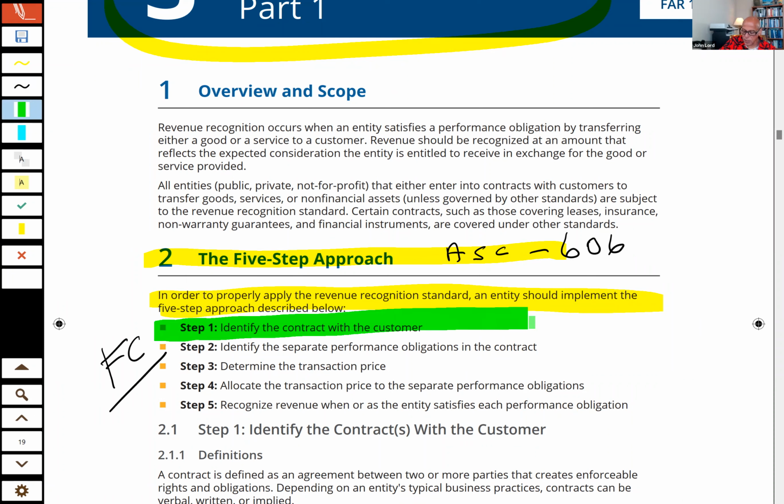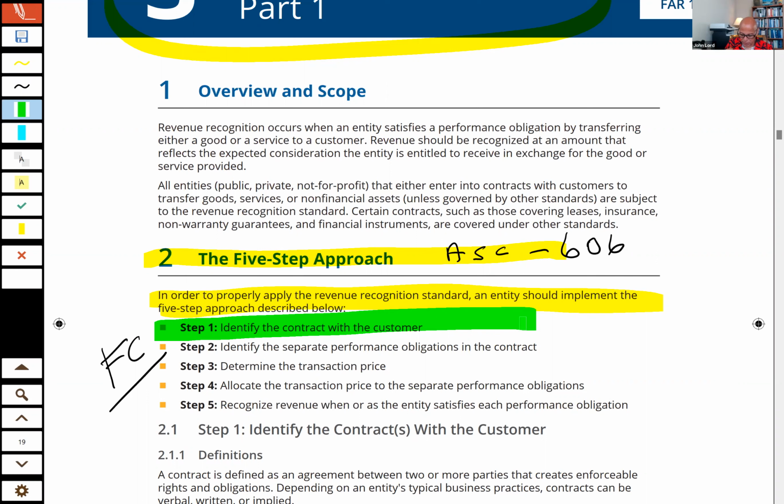Now, let's just go through these. And we talked about step 1 being to identify the contract with the customer. Well, we talk about what constitutes a contract in the law section of regulation. I think starting about chapter 5 of the regulation class, we start talking about what the requirements of a contract are.